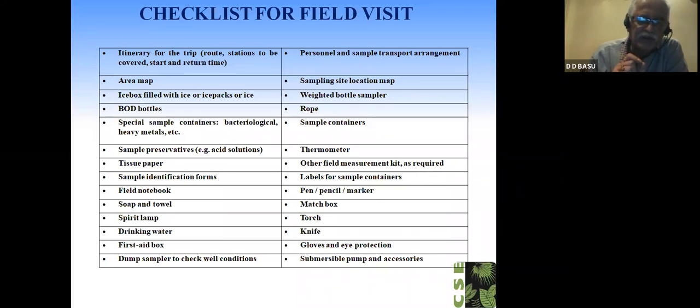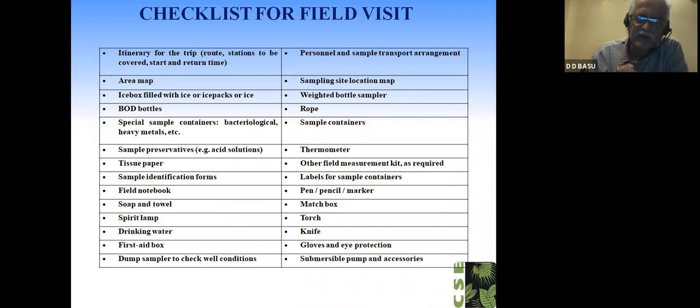A spirit lamp is very necessary for total coliform and fecal coliform. You have to carry your own drinking water. Some places on the river have no habitation, so you should take drinking water with you. First aid box, and then a weighted bottle sampler. There are a lot of samplers available now.